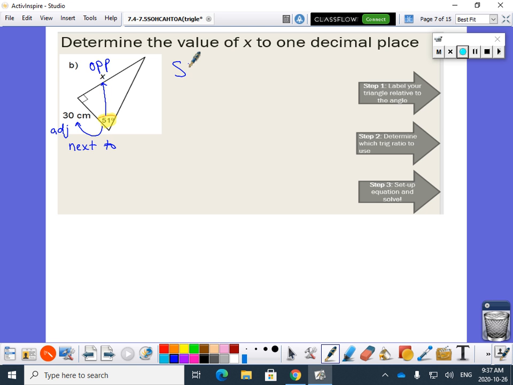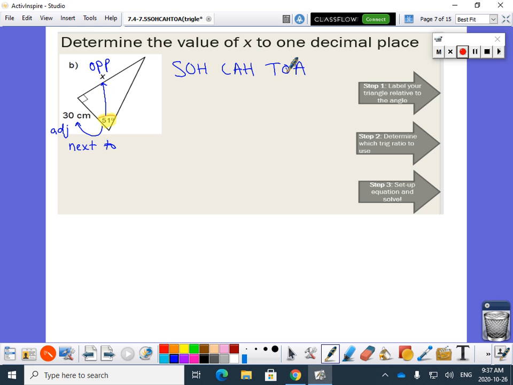Okay, so the next thing, determine which trig ratio to use. So let's write it out. SOHCAHTOA. In this case, what two sides are we dealing with? What are the names of our sides? Opposite and adjacent. So which primary trigonometric ratio, sine, cosine, or tangent, are we going to be using for this question? If we have O and A. TOA. That's why it's important to be able to label your triangle, because if you label this incorrectly, then maybe you're going to use the wrong trig ratio.